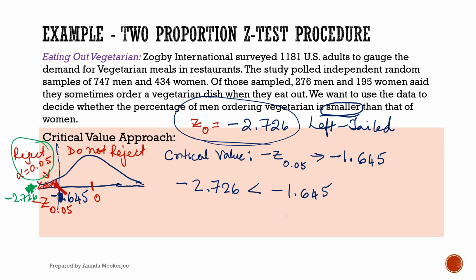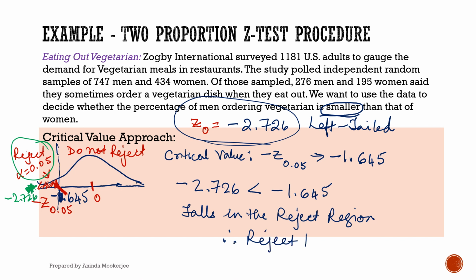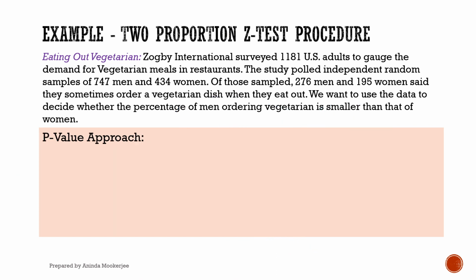So we have to say it falls in the reject region. Therefore, reject the null hypothesis. All right, we're going to reject the null hypothesis, but before that, let's work this out using the p-value approach and see if we arrive at the same decision of rejecting the null hypothesis.